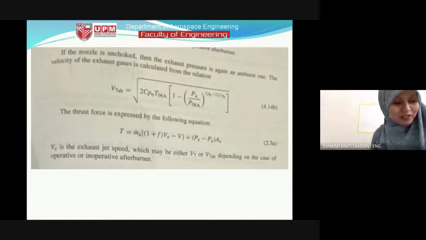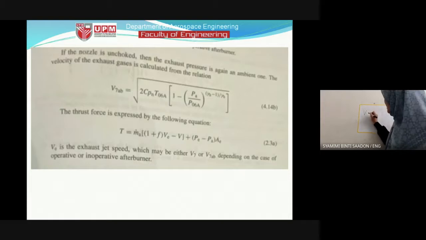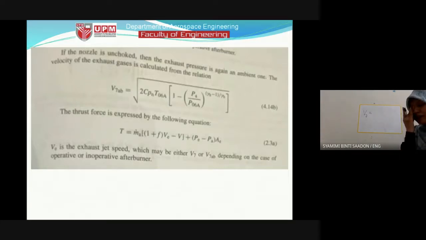For V7, or V of the exit, we use the definition from just now, 2CP. Remember, static value plus dynamic value equals to total value, right?